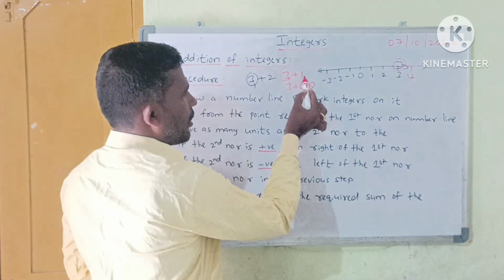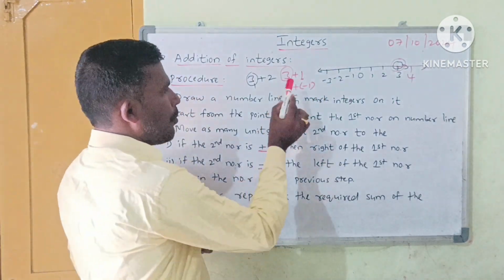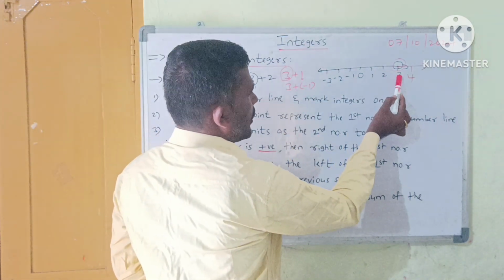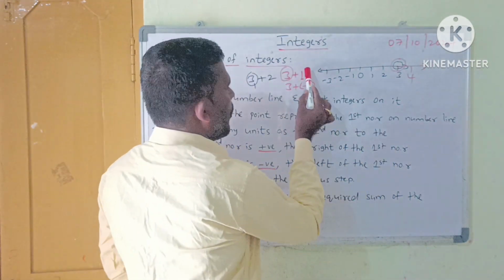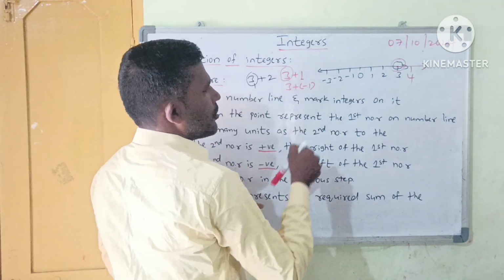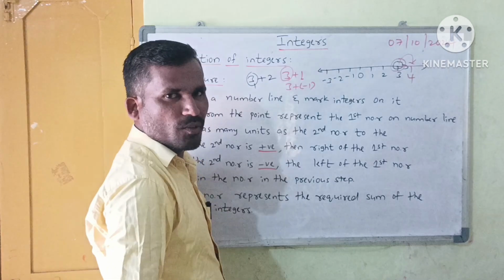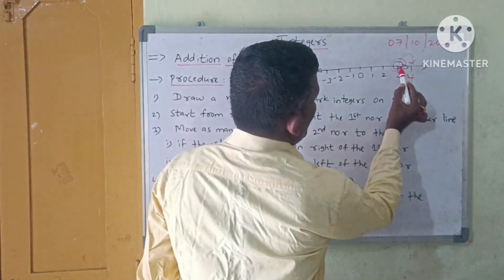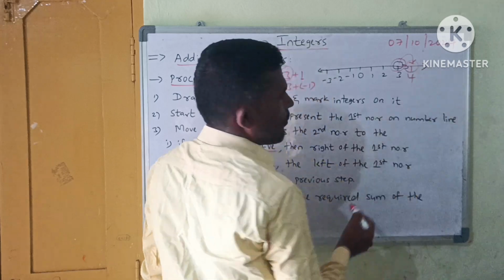And plus 1 is which type of number? A positive integer. When you have a positive number, from the 3 you have to move to the right side. How many units? 1, so you move 1 step only. So we reach 4. So 4 is the required answer.